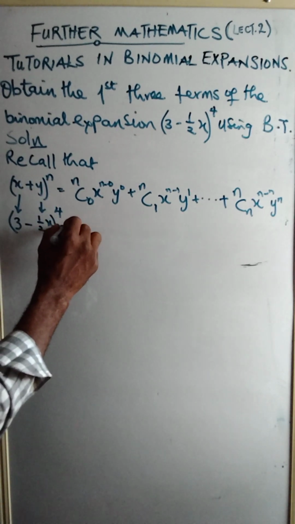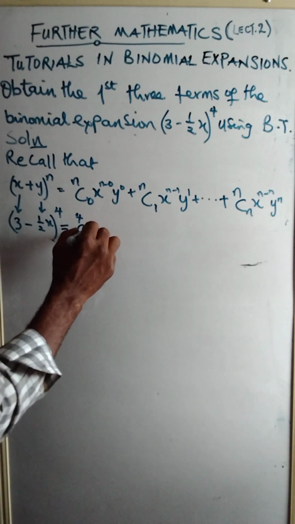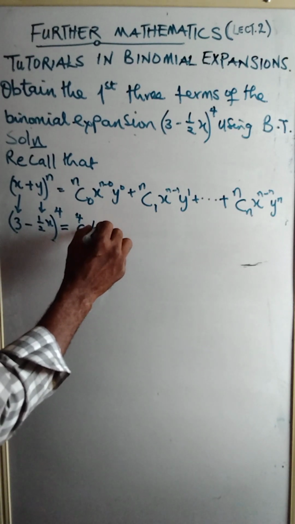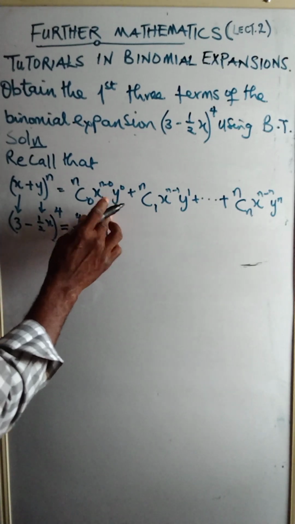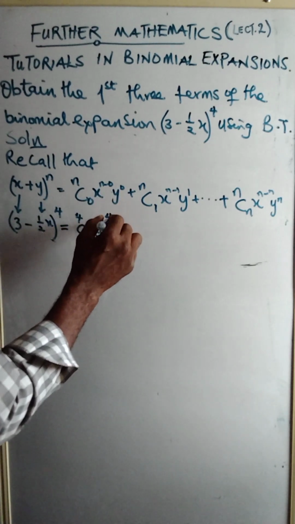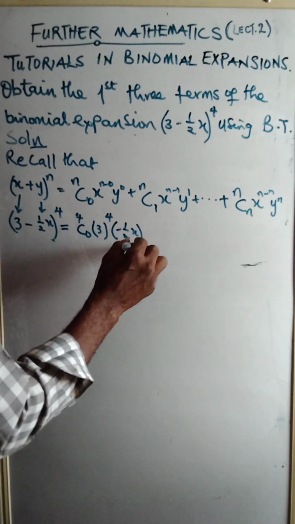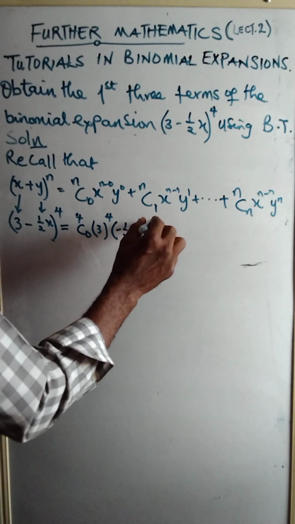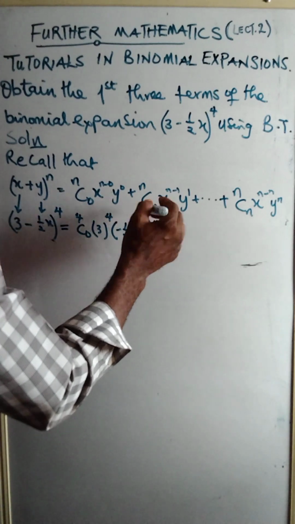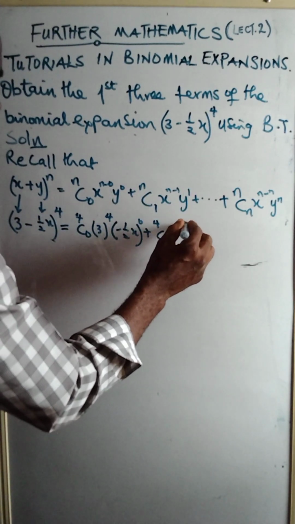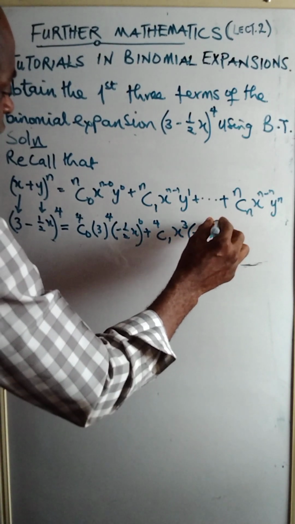So if you're going to carry on the expansion, you have 4 combination 0, then 3 raised to power 4 minus 0 in that order. 4 minus 0 is 4, so 3 raised to power 4, and then we have minus 1 over 2x raised to power 0, then plus 4 combination 1, and then 3 raised to power 4 minus 1, that's 3, then minus 1 over 2x raised to power 1.